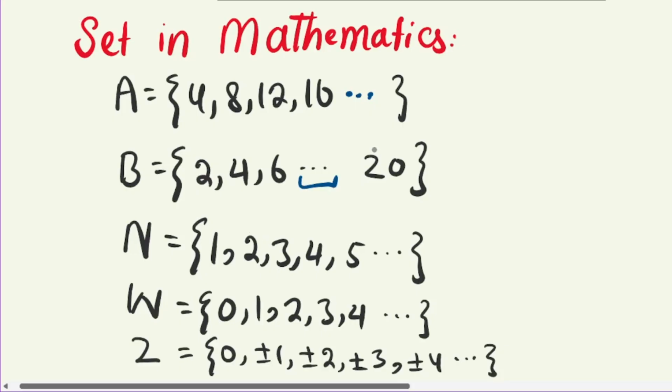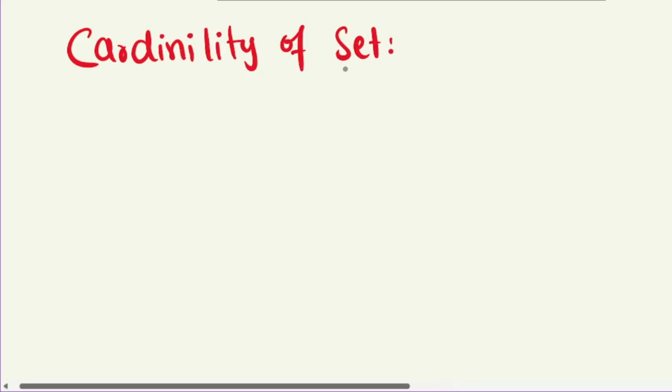Now we're going to discuss the cardinality of sets. Cardinality of a set is the number of elements in a set. Suppose that I have a set A which contains the elements 1, 3, 5, 7, 9.